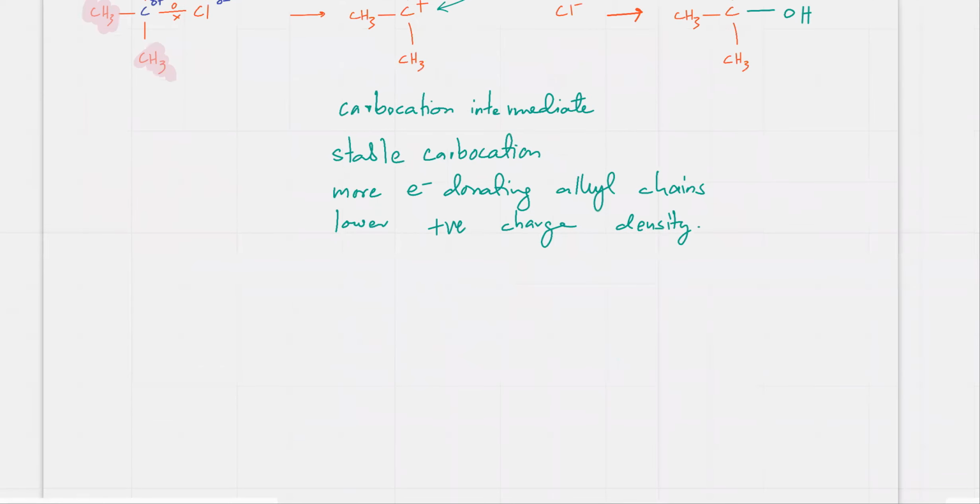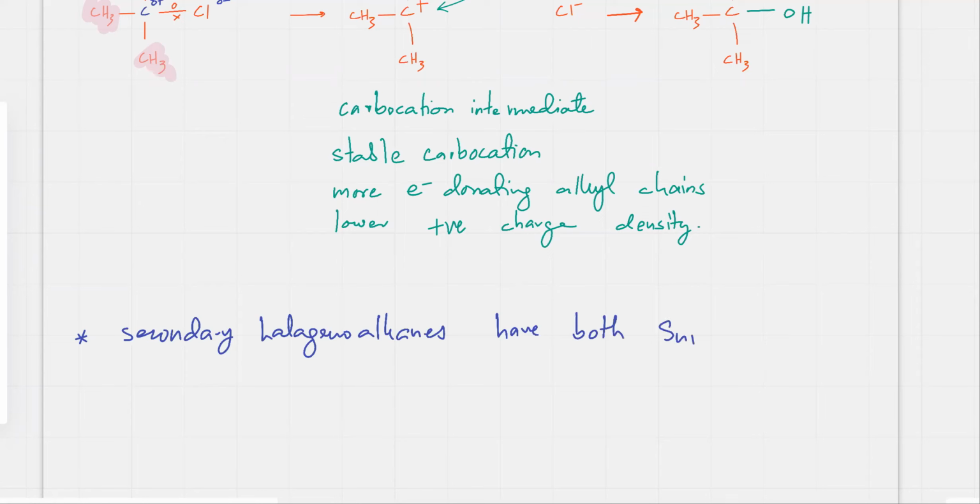So I'll just make a point here that secondary halogenoalkanes have both SN1 and SN2 mechanisms. Both of them.